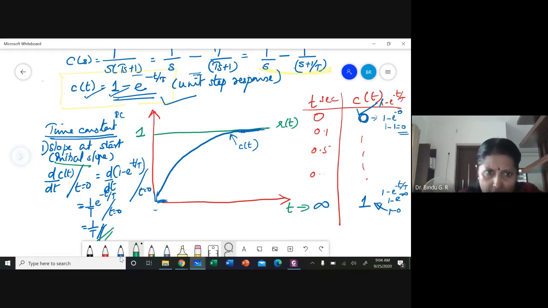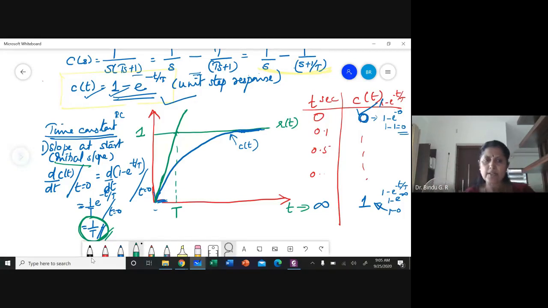If I draw a curve like this, it has started initially with some slope. I'm going to draw the initial slope. That initial slope value is 1 by T, where the y-axis is 1 and the x-axis will be T. Is that so much clear to everyone? So can I define time constant as the time taken by the system response to reach the final value had it maintained its original slope of increase?